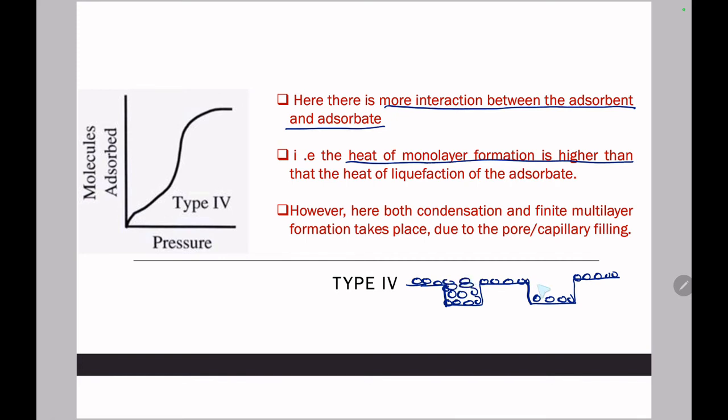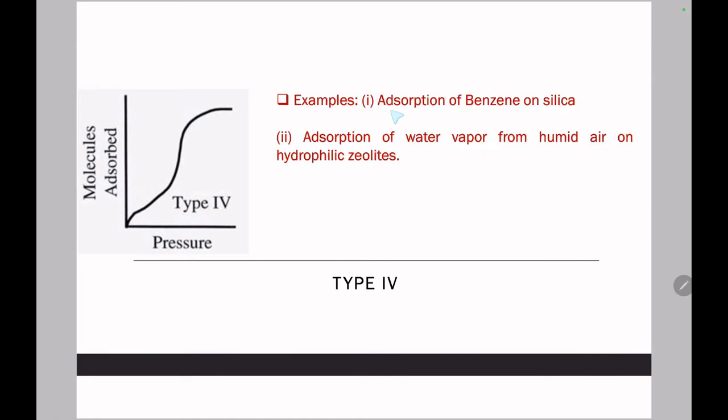As the pressure increases, the condensation takes place within the capillary or the pores of the adsorbent. Examples include the adsorption of benzene on silica, and another example is adsorption of water vapor from humid air on hydrophilic CLH. These are the examples of type 4 adsorption.